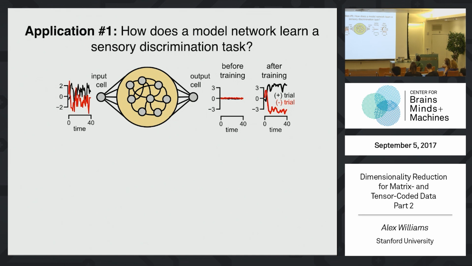We're going to perform a simple sensory discrimination task where the input cell gets a noisy signal that is either positive or negative. The job of the network is to output a negative response when the input is on average negative, and a positive response when the input is on average positive.